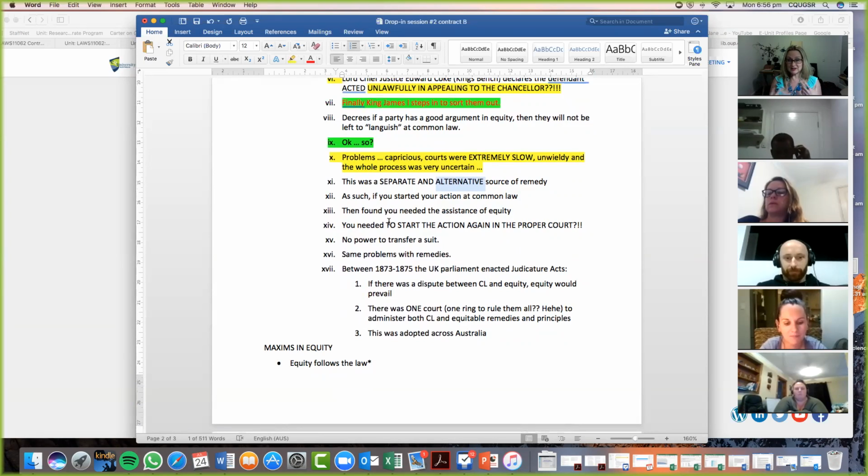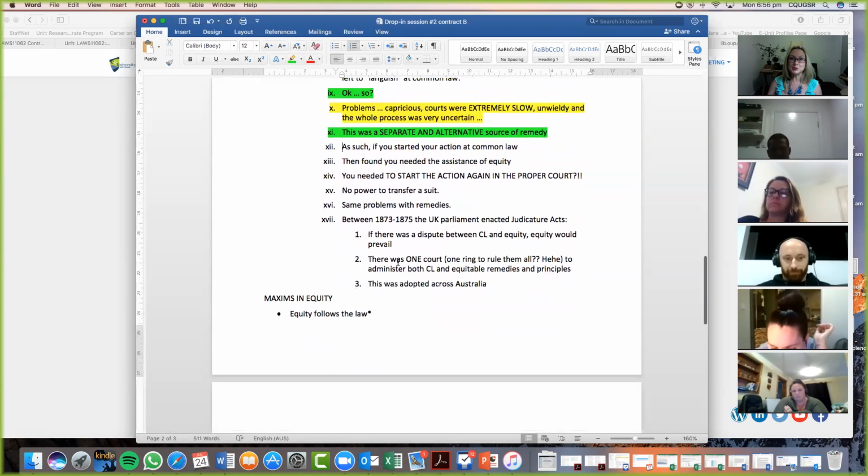So if you were seeking an equitable remedy, you would start your action in an equitable court. If you were seeking a common law remedy, you would start your action in a common law court, yes? So everything was separate about common law and equity at that point.